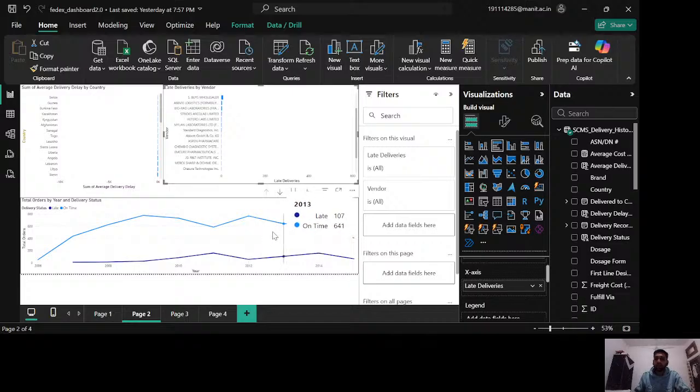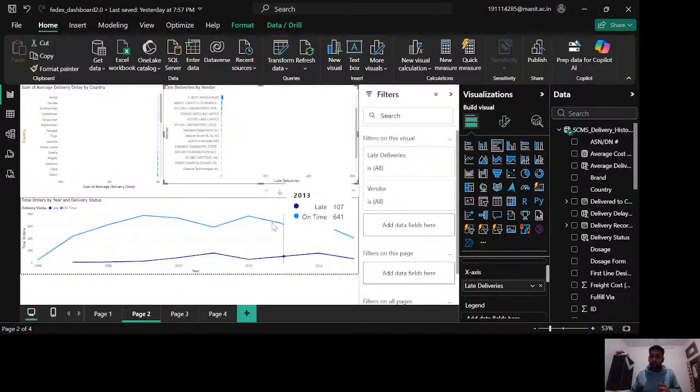Now, moving on to our next year, total deliveries have not increased but decreased, and late deliveries have increased by 50, reaching 107, while we have a very sharp decline in on-time deliveries from 768 to 641, nearly 127.